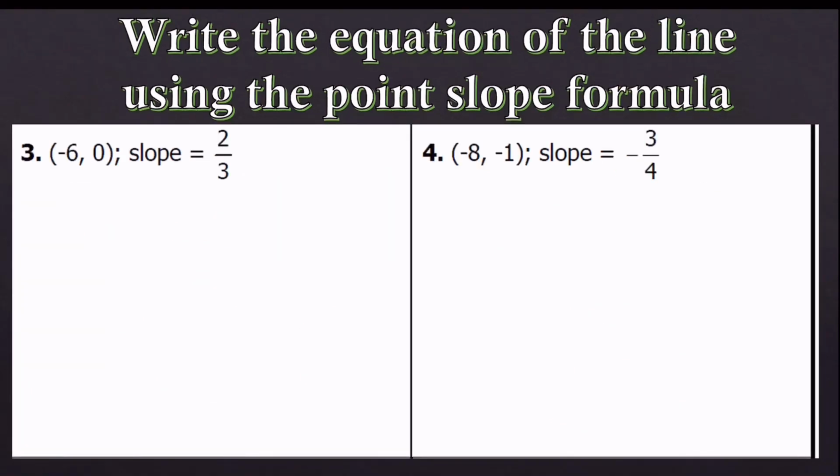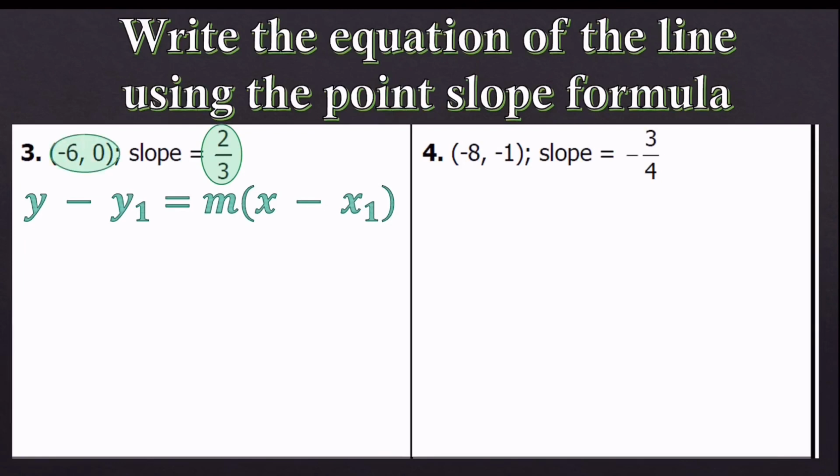So let's go look here. I want to go through this with you because it looks a little different in that I've got a negative now. So I still write my equation, or my formula, I should say. I'm going to replace m with 2/3, x1 with -6, and y1 with 0. Okay, but look what happens.